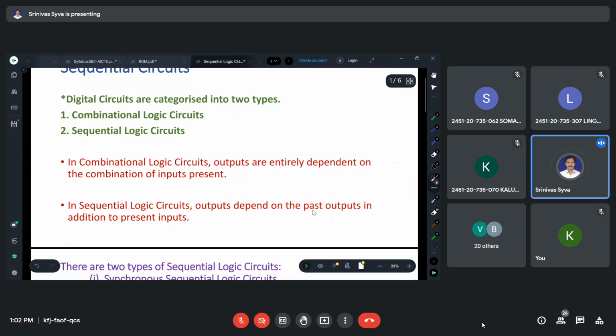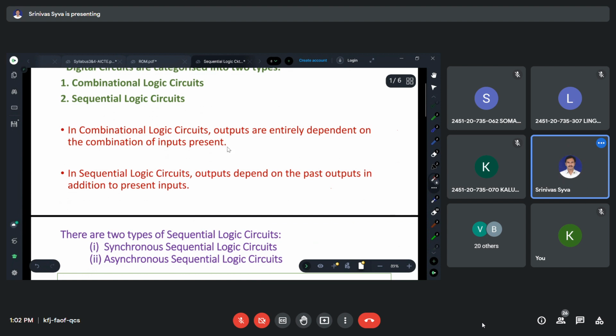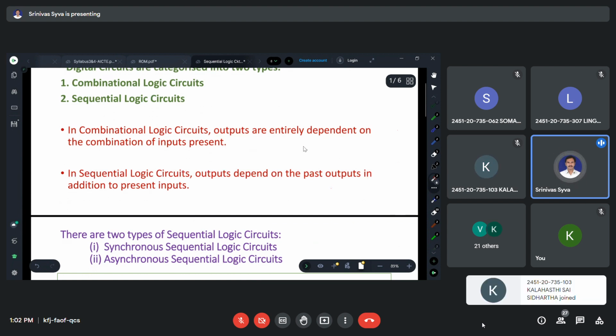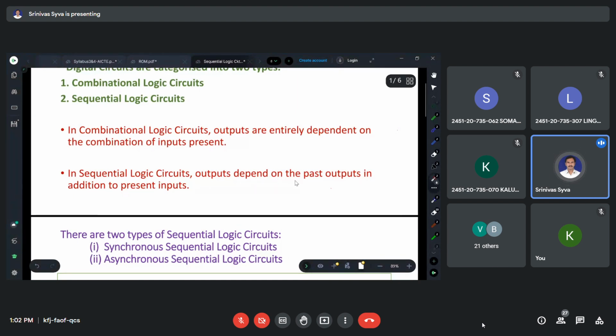Past output itself indicates that there is some memory element available in the sequential logic circuit. In combinational logic circuits, there is no memory activity, but in sequential logic circuits, memory activity is there.